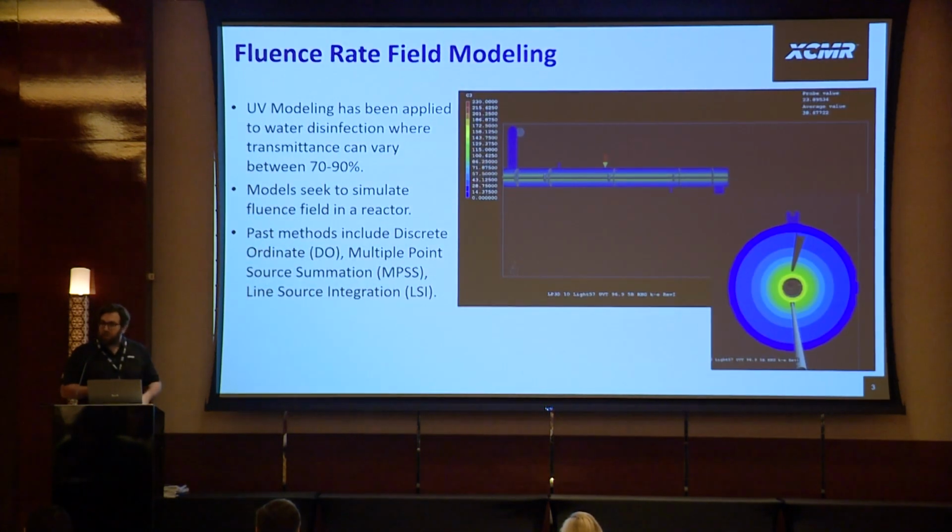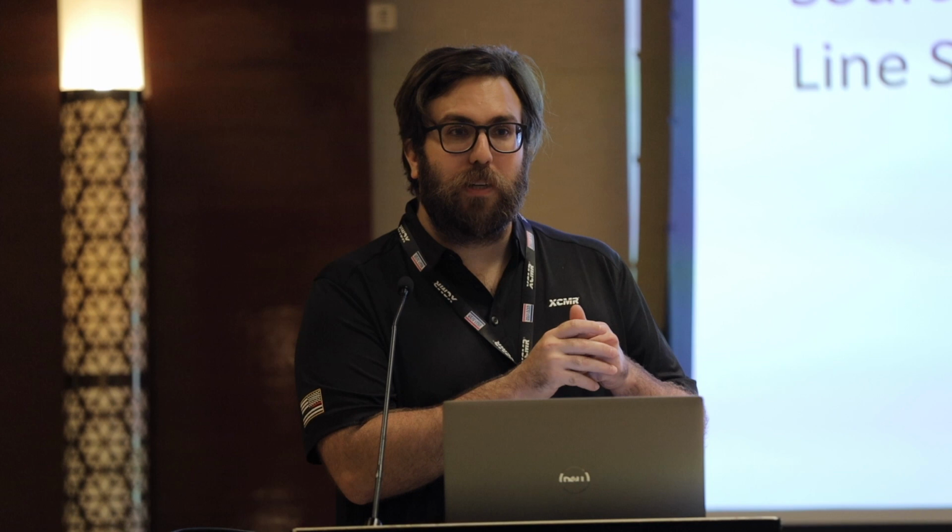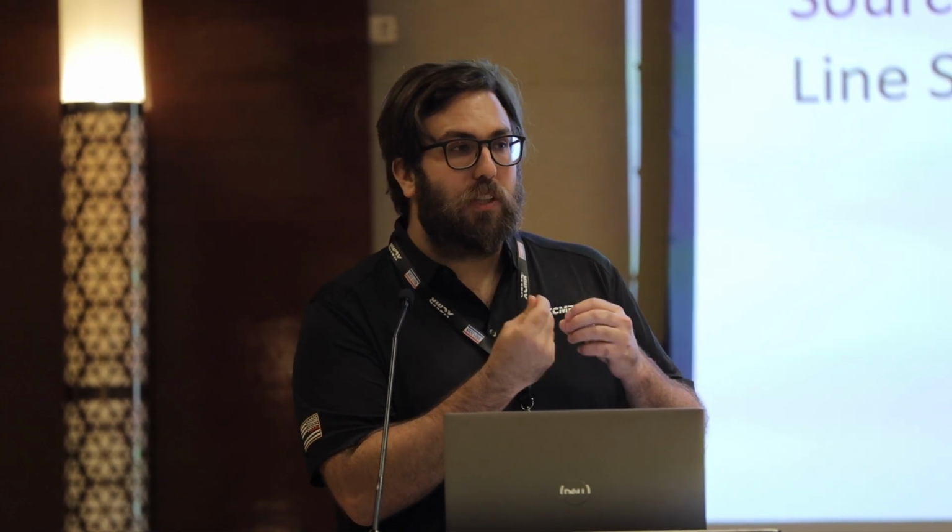Now, when you're modeling disinfection in PPE and in general, one of the ways that you model that is to generate a fluence rate field. Essentially, what's happening is that you're looking at the light source and you're determining at a location relative to that light source how much power is being delivered to that location. And then you use that coupled with fluid dynamics to be able to determine how much dose is actually being delivered there.